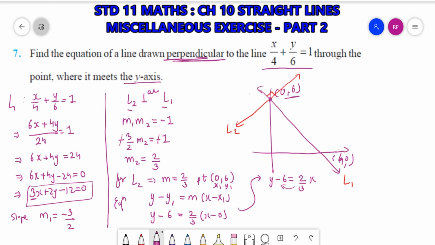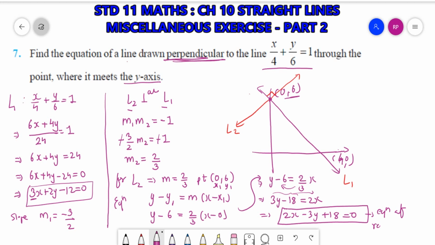Let's take 3 on the other side. So that implies 3y minus 18 equal to 2x. Let's take this on the other side. We'll get the equation 2x minus 3y plus 18 equal to 0. This is the equation of the required line.